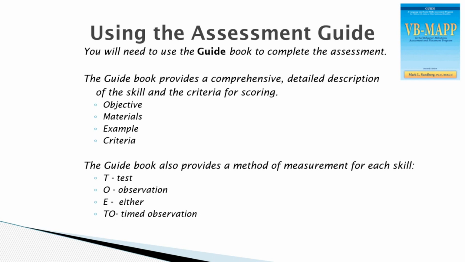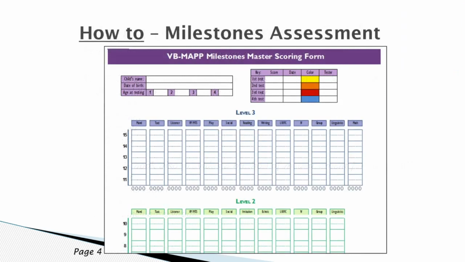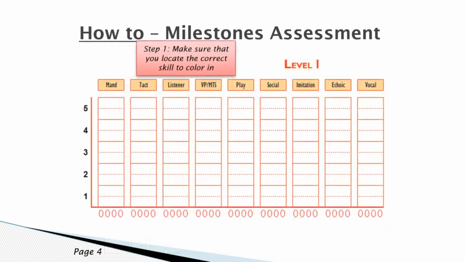For each skill, there are 5 milestones for a total of 5 possible points. Scoring for each milestone will either be a 0, a half point, or 1 point. How you test each skill and how you determine the points the students receive is found in the assessment guide.